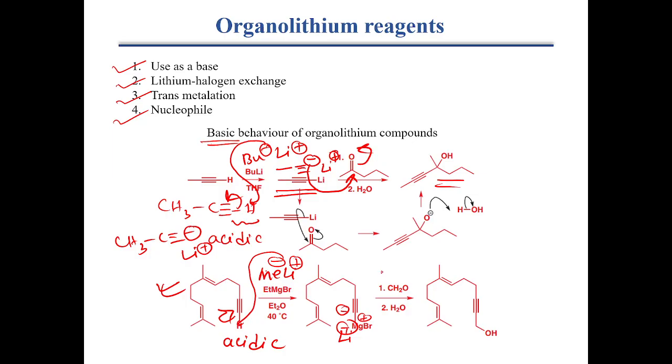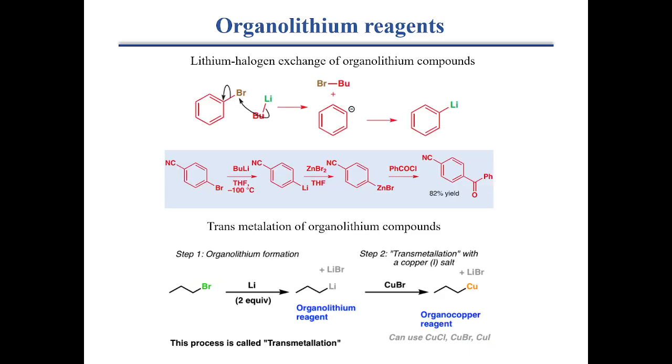In the presence of formaldehyde, it reacts with the formaldehyde, and this O minus reacts with water and forms this alcohol. So this is the basic nature of organolithium reagents. It can act as a base first: in any reaction where there is a possibility of proton abstraction, it will first abstract that proton.